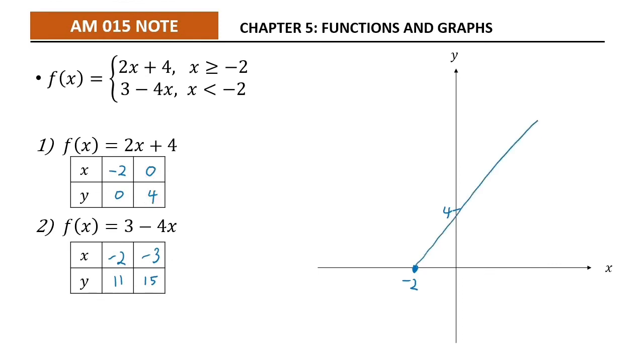The other one, x equal to negative 2, y equal to 11, not included, and then x equal to negative 3, y equal to 15. Then connect these two lines, linear. And here is negative 2. The two graphs cannot be joined.